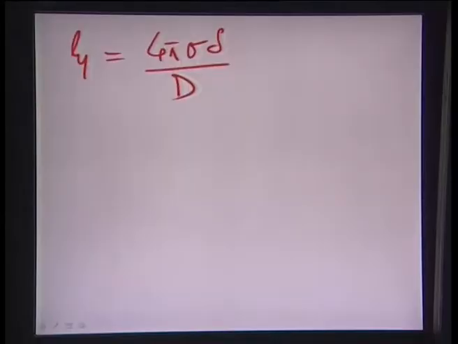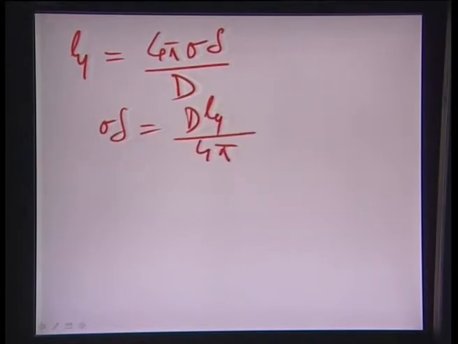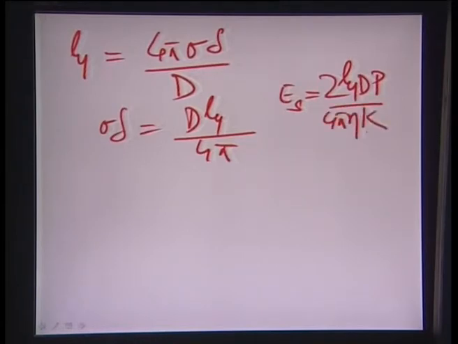If you do a little mathematical manipulation here, sigma delta comes out to be equal to d times zeta by 4 pi, and if you look at the E_s, the streaming potential, it came out to be twice zeta d p, the pressure, divided by 4 pi eta k. Okay.